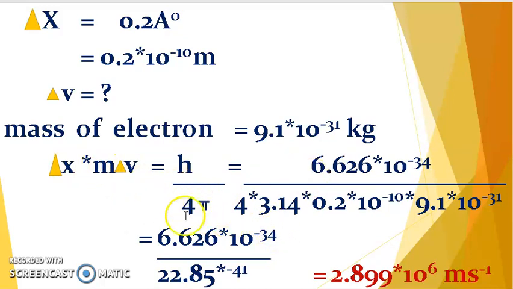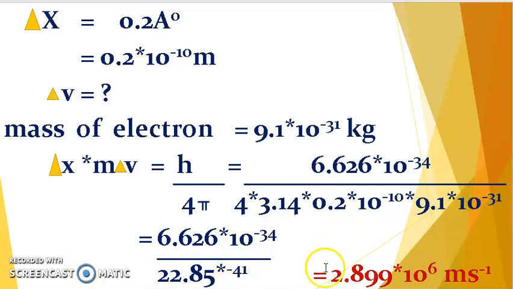So according to this equation, you should substitute the values: 6.626 into 10 power minus 34, and 4 into pi, you know the constant value, 3.14, into 0.2, the del x value, into 10 power minus 10, and the mass of the electron, 9.1 into 10 power minus 31.